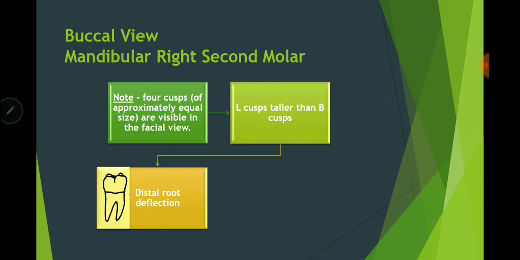This is a favorite question, so make sure you know it. The lingual cusps are taller than the buccal cusps, and usually there's distal root deflection, meaning the roots deflect to the distal.